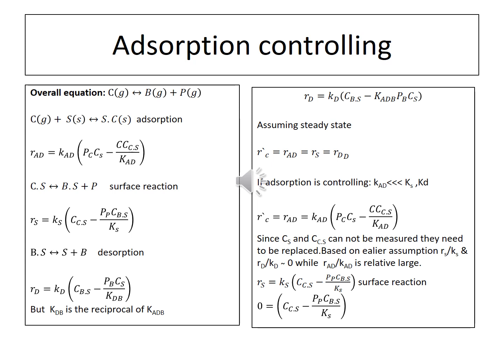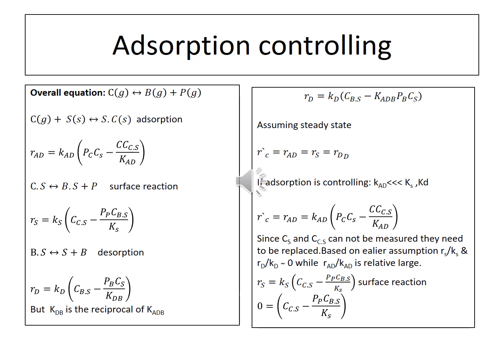This is because the denominators for the first 2 are huge, hence the fractions will approach 0, whilst for this one, the k_ad is small, hence the fraction will be very large. And with these, we can substitute into the 2 equations, one for surface reaction and one for desorption, and make the unmeasurable term the subject of the formula.